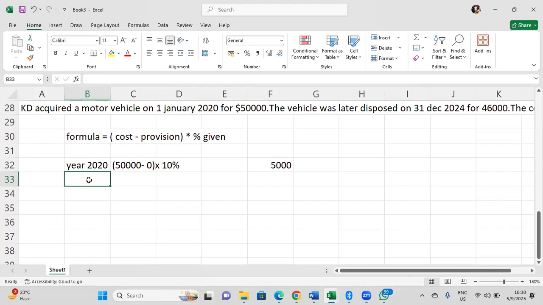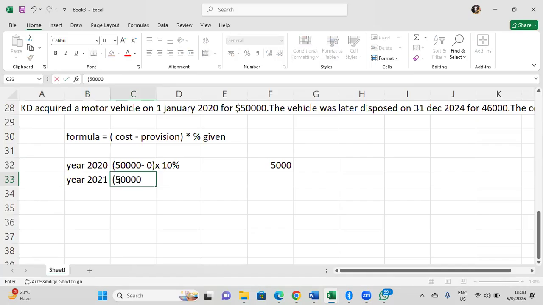Then for the second year, that's 2021, you say the cost 50,000 minus the provision.